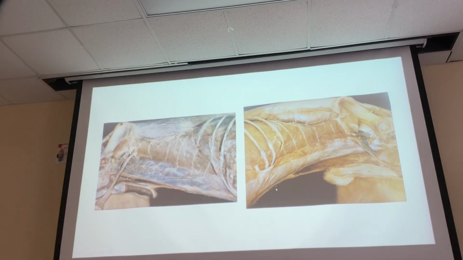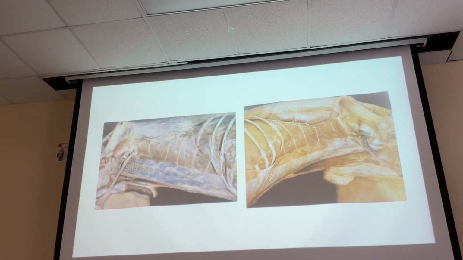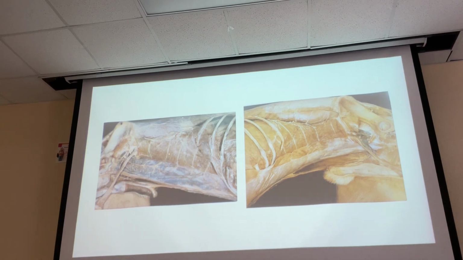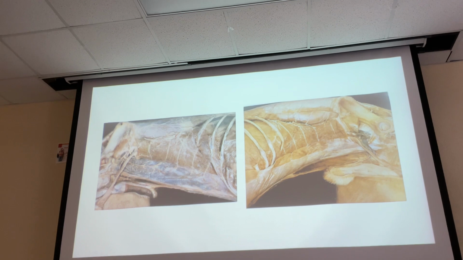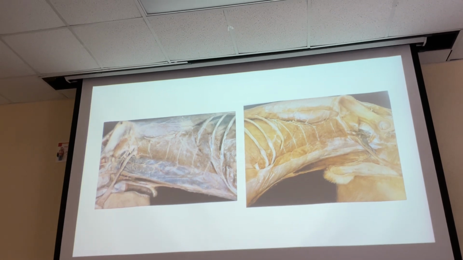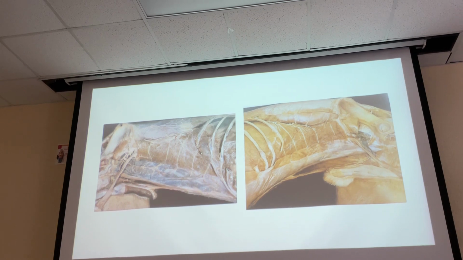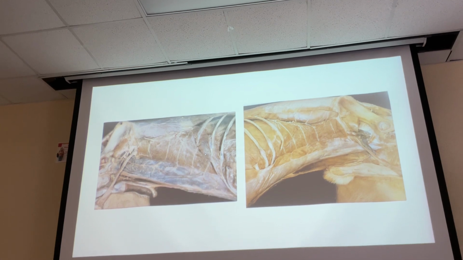The easiest way to find them, they run very clearly on the wall of the transverse abdominis muscle. So what muscle is this? And these nerves, if you want to tag them, we have to tag them on the wall of the transverse abdominis muscle. We can't tag them anywhere else.